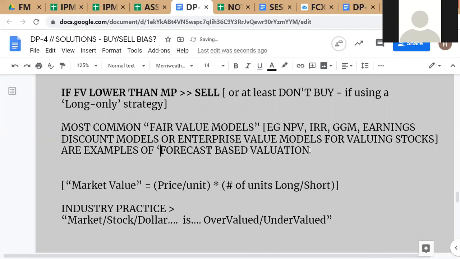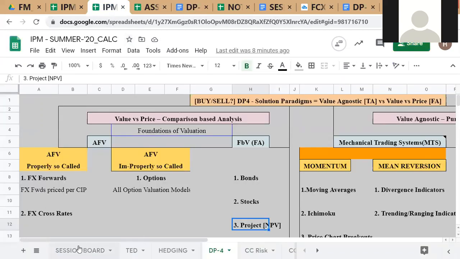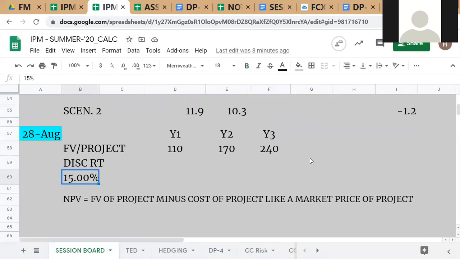And if somebody asks you why you make this kind of statement, it's because all of these models, whether it's project NPV or the Gordon growth model, involve the analyst making forecasts. Understand this is just a forecast. It's like me saying I will live to the age of 95. It's just a statement.